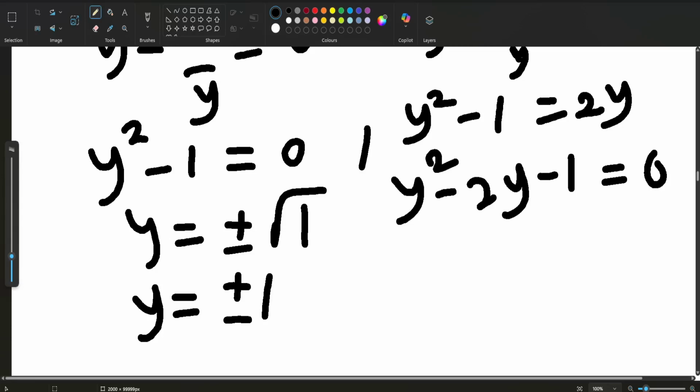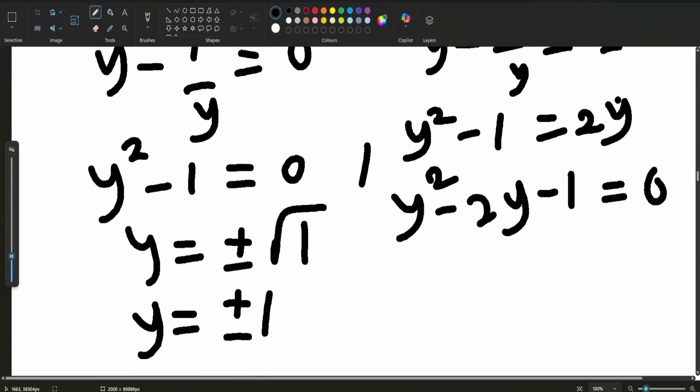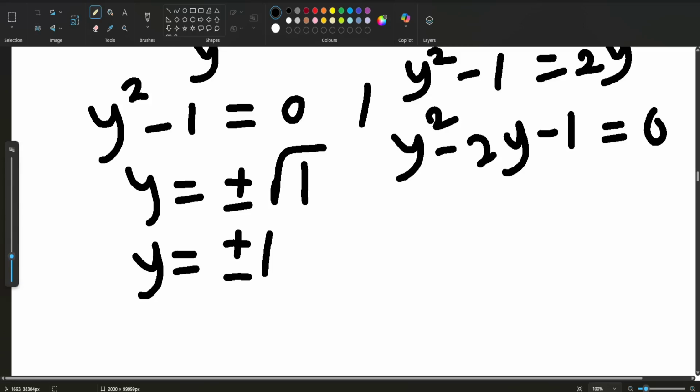By the time 2y comes to this side of the equation, it becomes minus 2y, and this is minus 1. Right? So whenever we have this expression, we can use our quadratic formula to solve this.